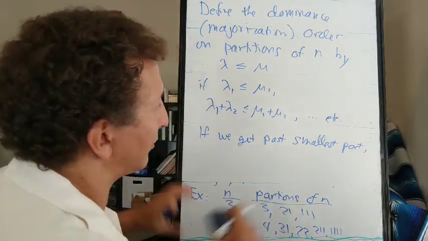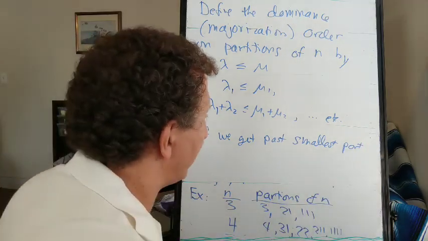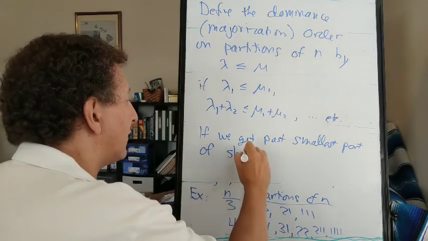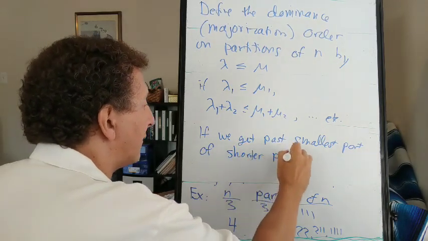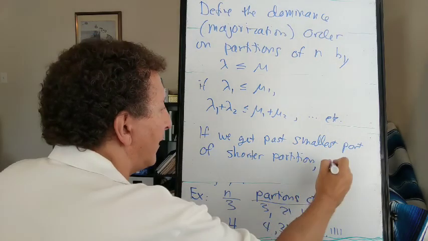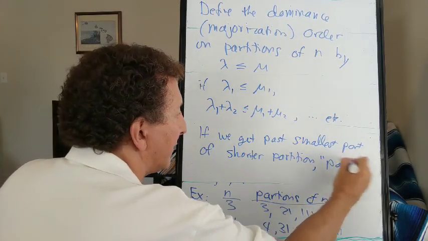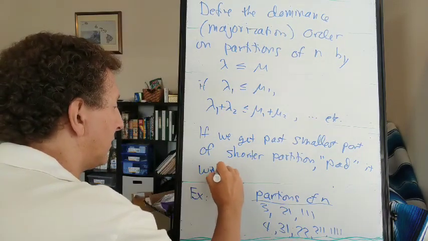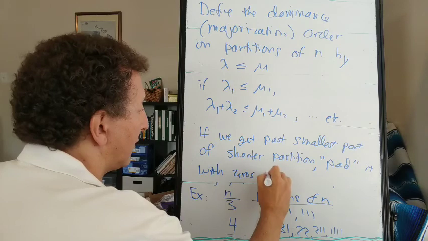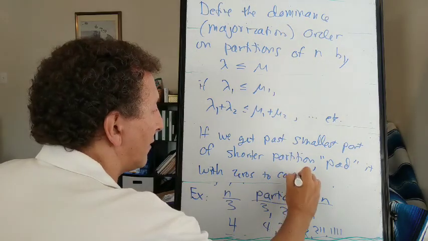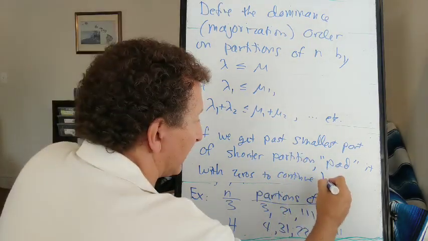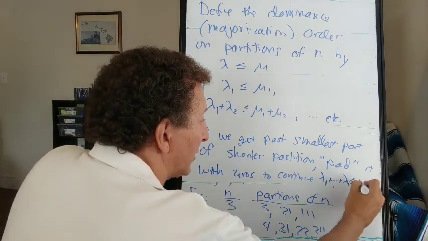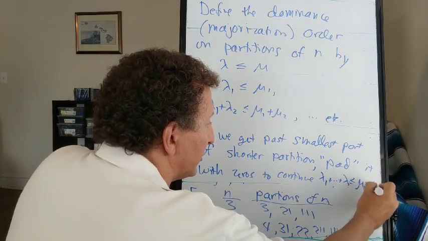So if we get past the smallest part of the shorter partition, then we pad it with zeros, to continue comparing something like lambda 1 up to lambda i less than or equal to mu 1 up to mu i.